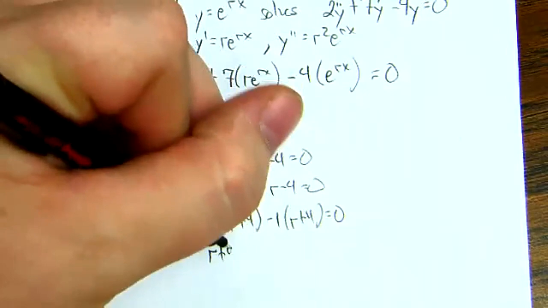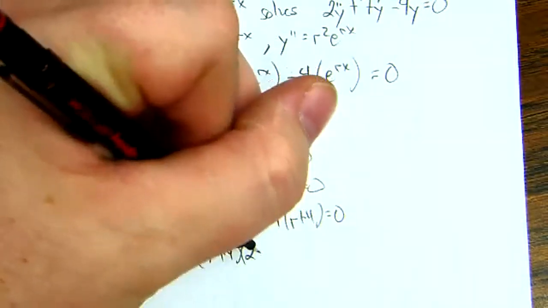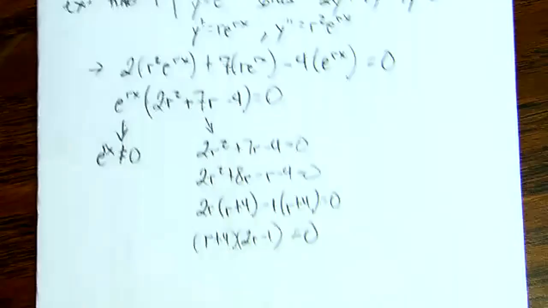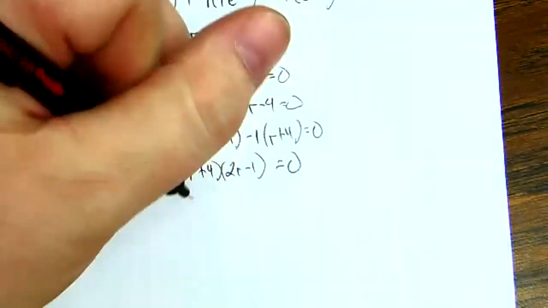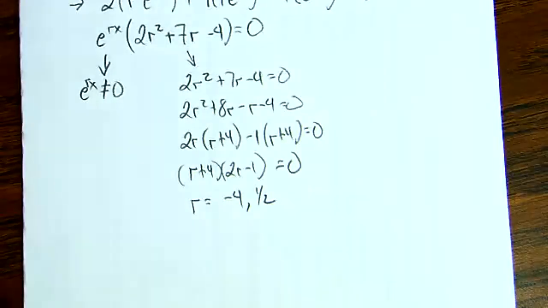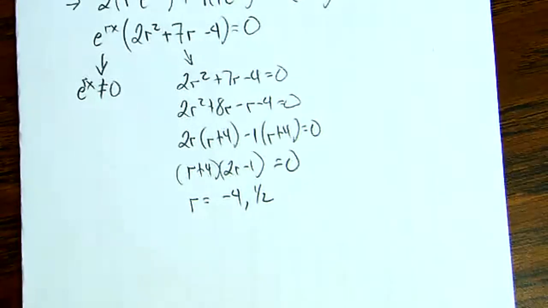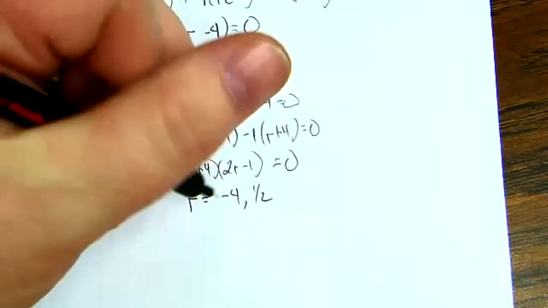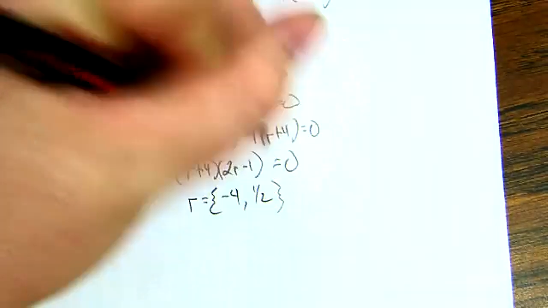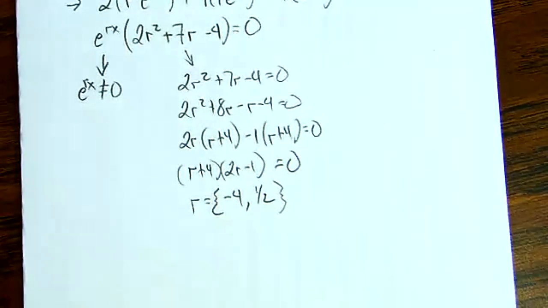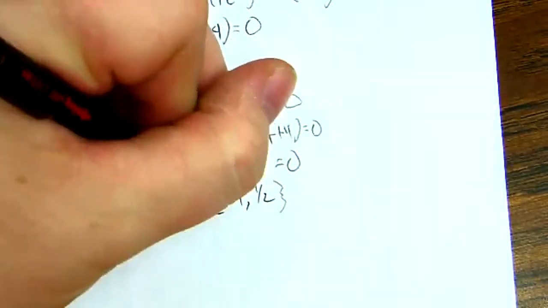Now I can take an r plus 4 out of both terms, telling me that either r equals negative 4 or r equals 1/2. So we did find an r value which solves this differential equation. And in fact, we found 2 of them. There are 2 different r values which make this true.